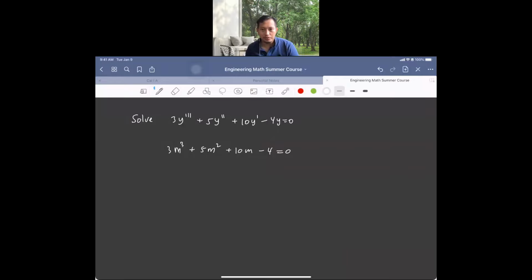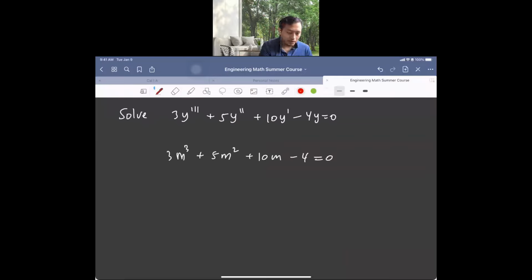The problem here is we are not really sure how to solve the polynomial since it's a cubic, right? But there is one way to check, okay? It's called the rational root.